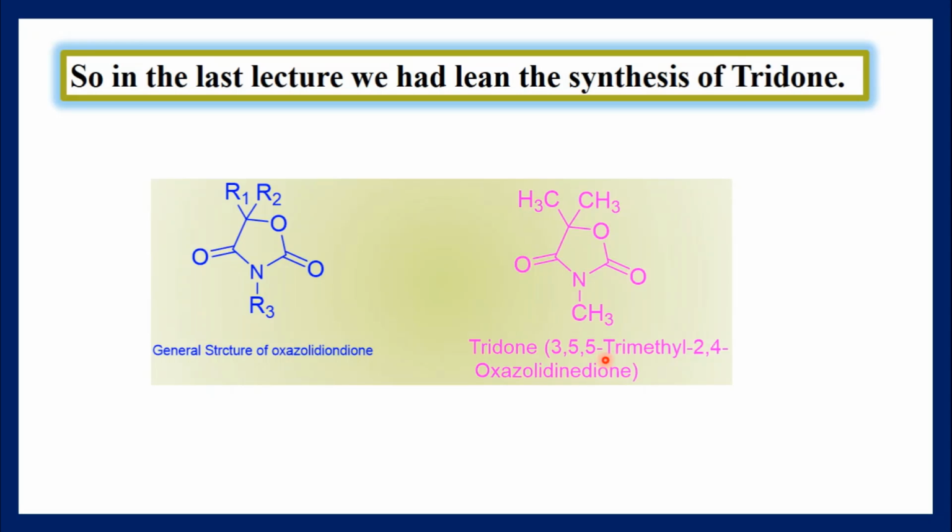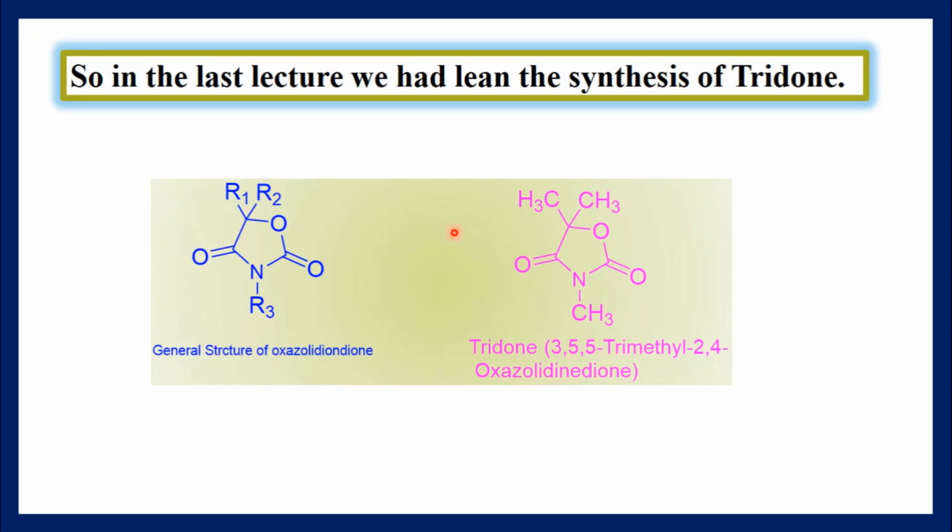It is an anticonvulsant drug, and its side effects are skin rashes, skin disease, exfoliative dermatitis, then blood discrepancies, hepatitis, and kidney damage. These are the side effects of tridone.